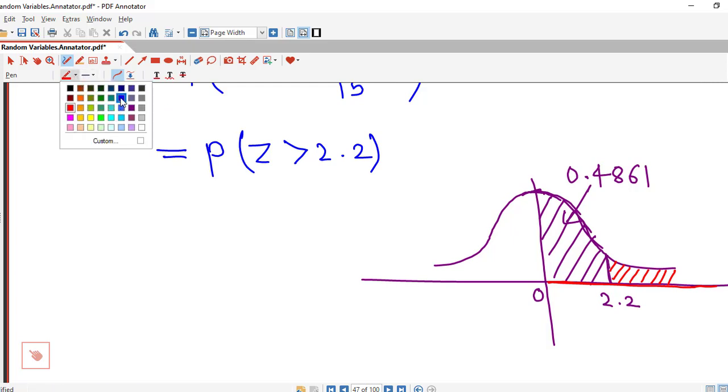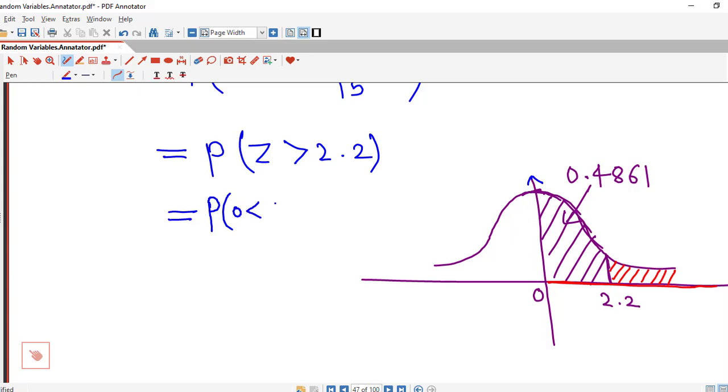If you observe this, I can write it as the total area to the right side of the y-axis, which is the probability that 0 less than z less than infinity, minus the area between 0 and 2.2.